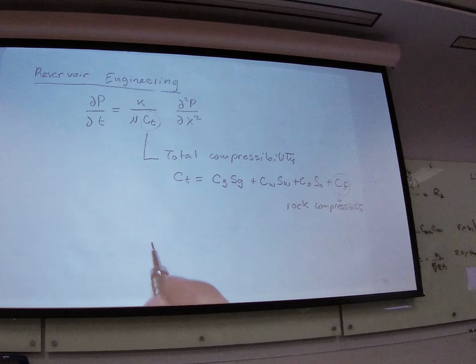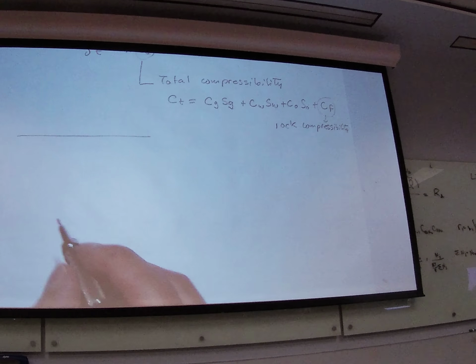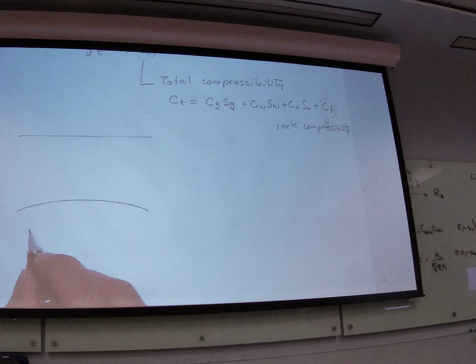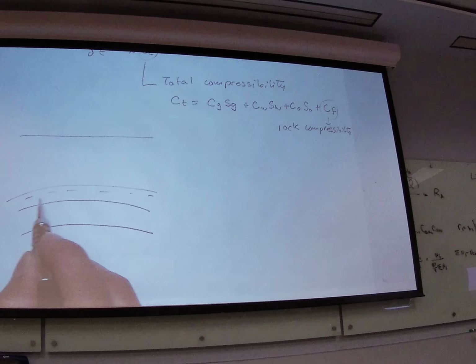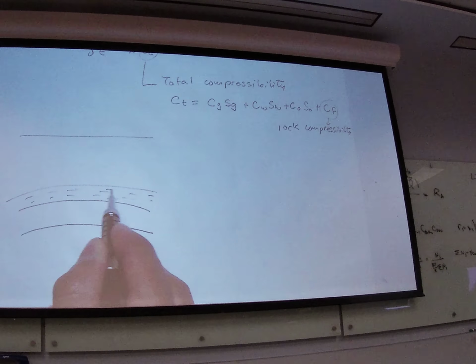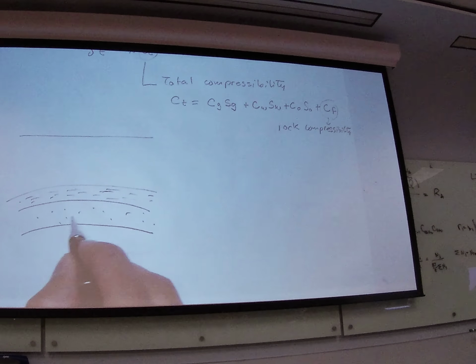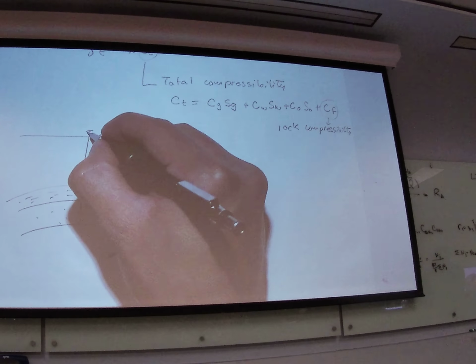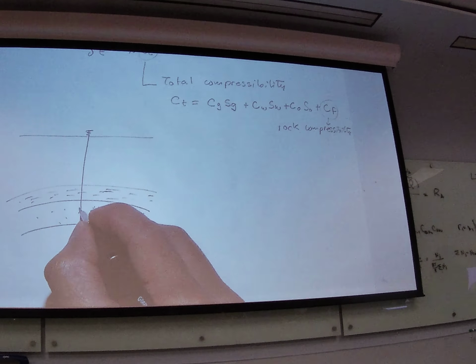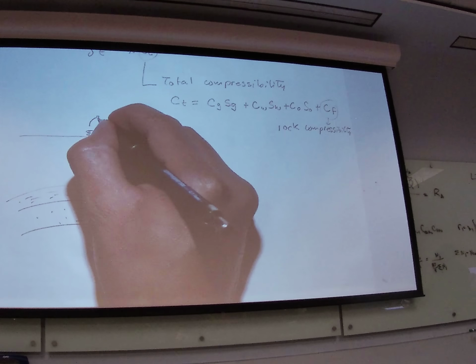And let's make a schematic in order to understand what's going on here. Let's say we have a perfect anticline, capped by a shale. We have a reservoir over here. We put a wellbore. You do perforations, and you start producing.